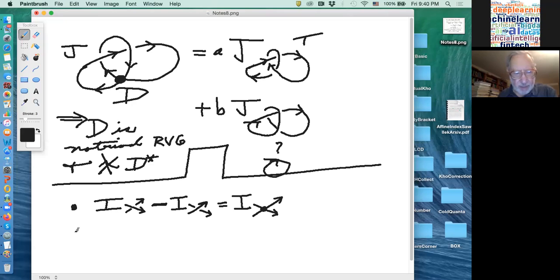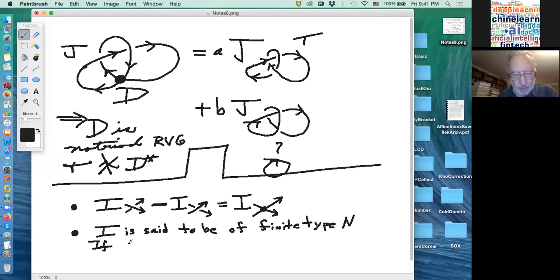And then another thing that people take on is I is said to be of finite type n if I of some graph with greater than n nodes will always vanish.